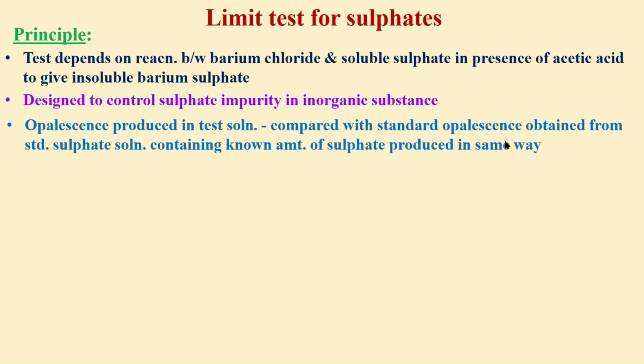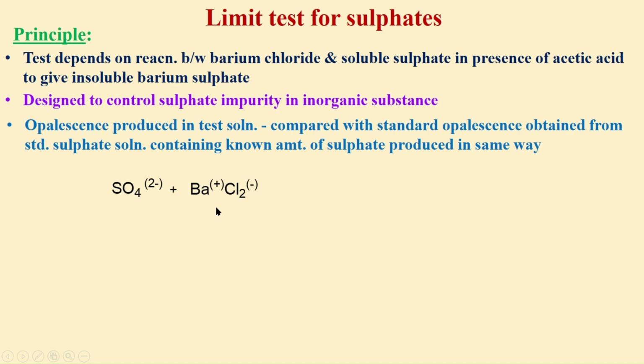As I said, the opalescence produced in the test solution is compared with that produced in the standard sulfate solution, which contains a known amount of sulfate impurities. Here, the sulfate ions, SO4 2 minus, present in the inorganic substance as an impurity, react with barium chloride, BaCl2. Barium ion is a cation, and chloride and sulfate ions are anions.